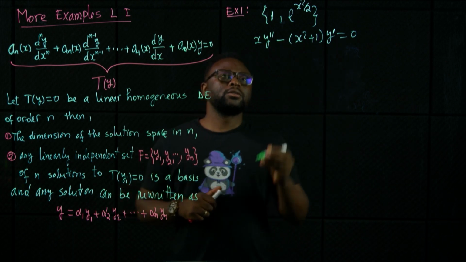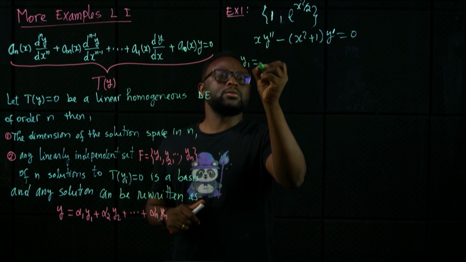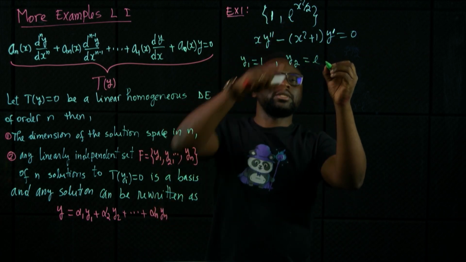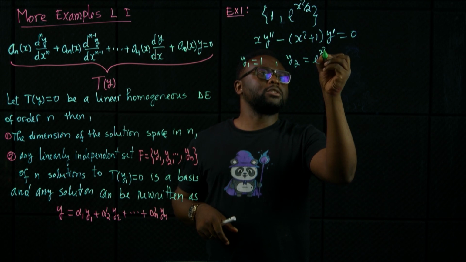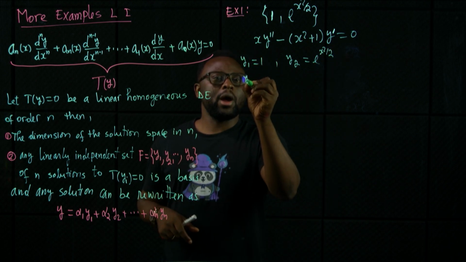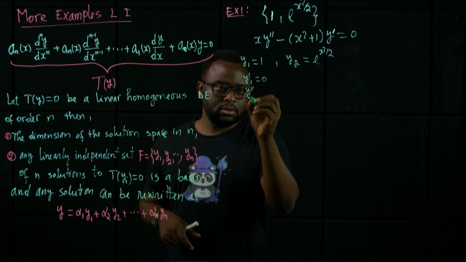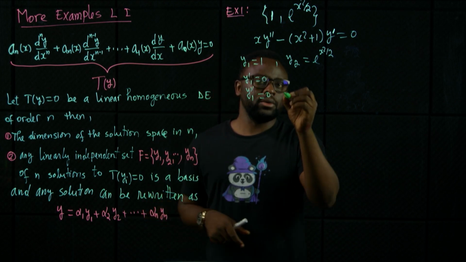We want to show that this set is a basis to the solution space of this equation. So let's call y1 equal to 1 and y2 given by the second element, e to the power x squared over 2. So y1 prime is 0 and y1 second derivative is also 0.